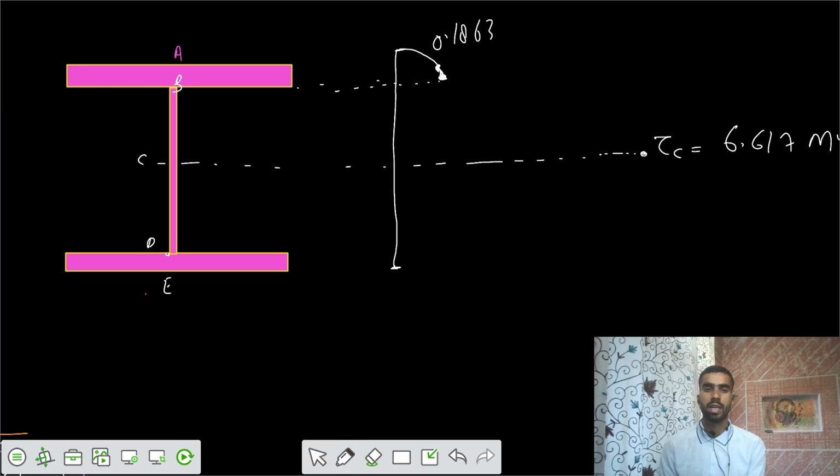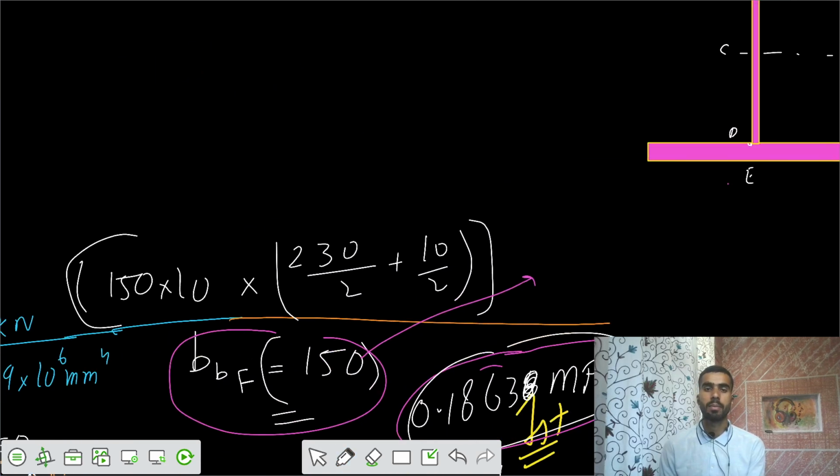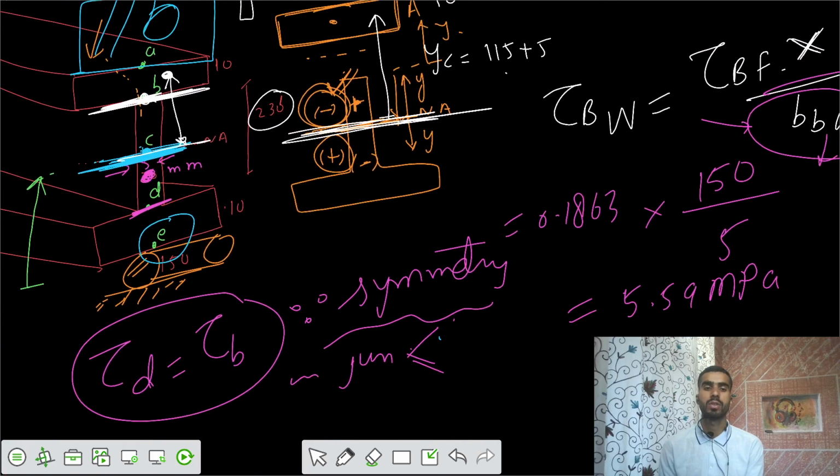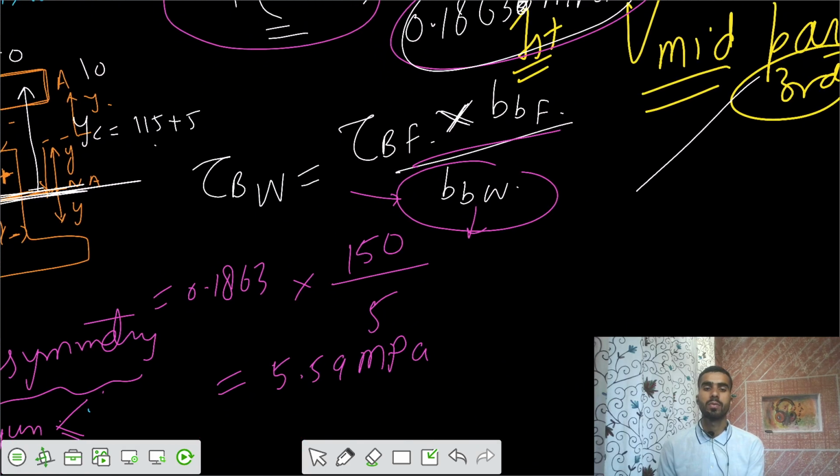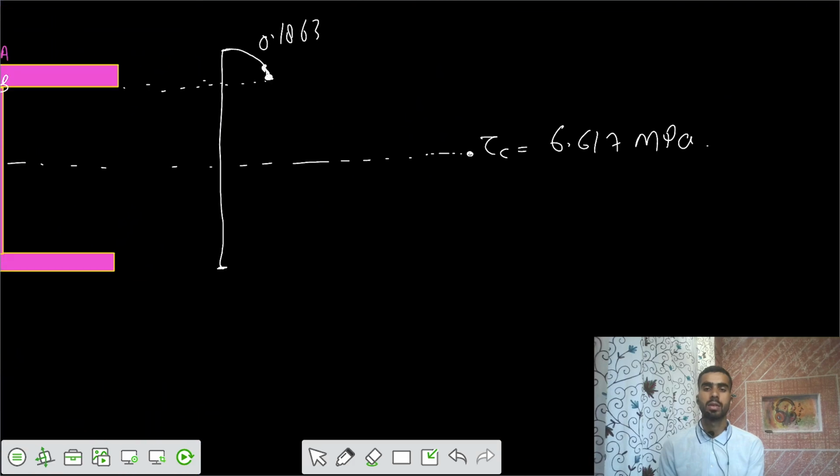But the shear stress at point B, in the web, equals 5.59. That means just below point B in the web, it is 5.59. So there is a sudden rise, a sudden jump of the shear stresses because your cross section changes from flange to web.